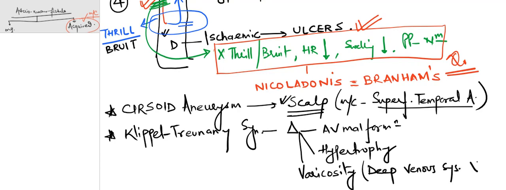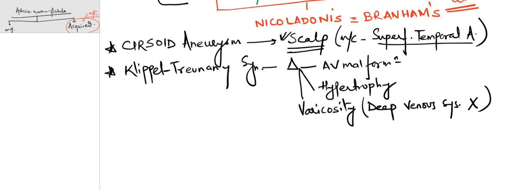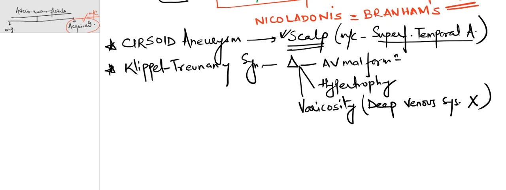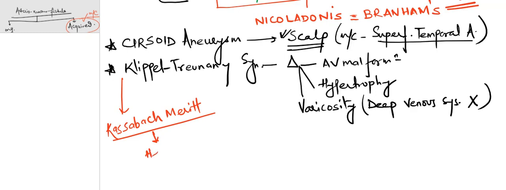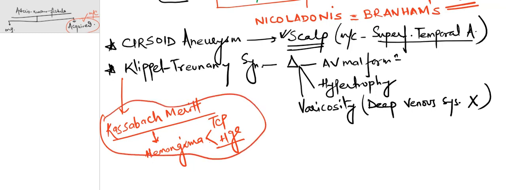The deep venous system is absent. Just to clear any confusion, do not confuse this with another syndrome known as Kasabach-Merritt syndrome. Kasabach-Merritt syndrome is one where you have a hemangioma that traps platelets and causes thrombocytopenia, and it causes bleeding. So do not confuse this. This is a separate entity.